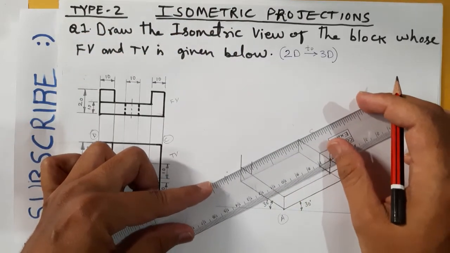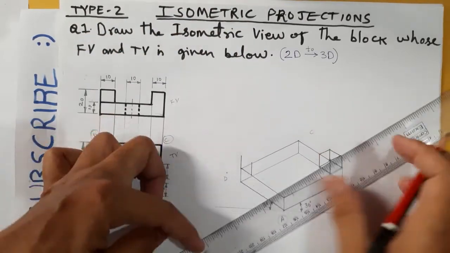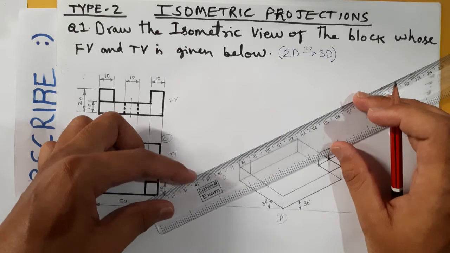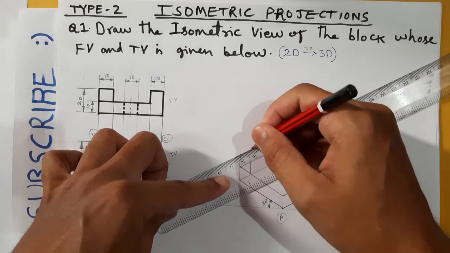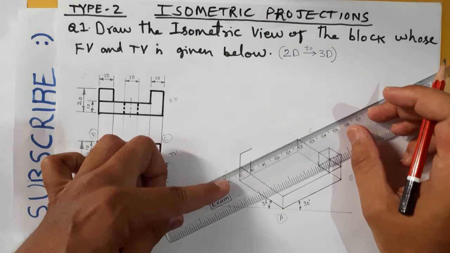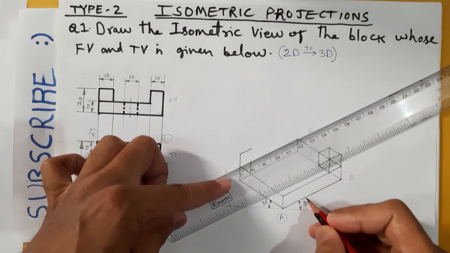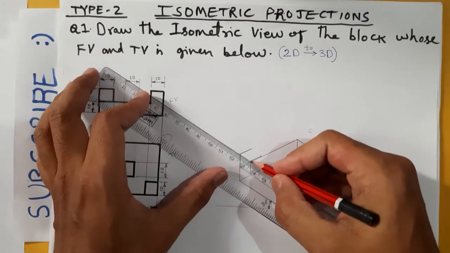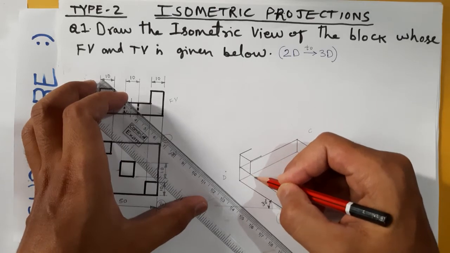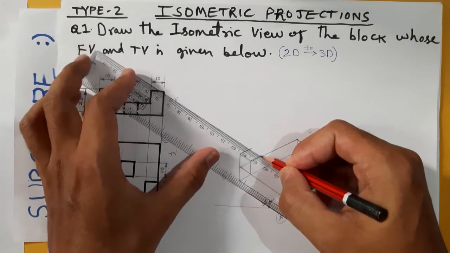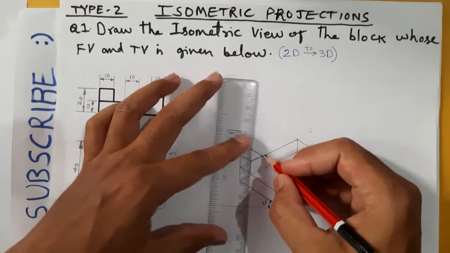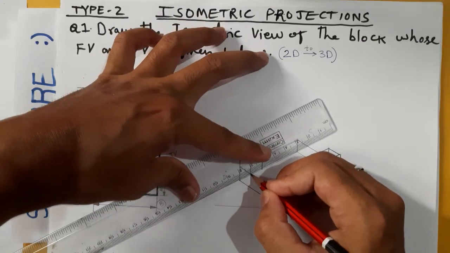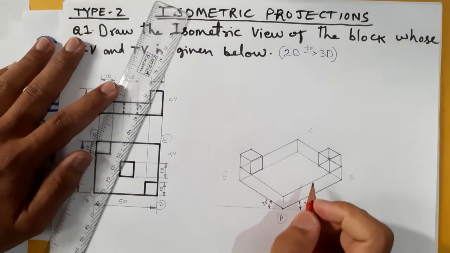Then parallel to this line, if you move from this point as 10 millimeter, and here also parallel to this line or this line, anything 10 millimeter in this direction we are going. So join this two, whereas this line will be parallel to this, and join here, and 10 mm down. After that automatically this two will get joined. So like this cube I have constructed.